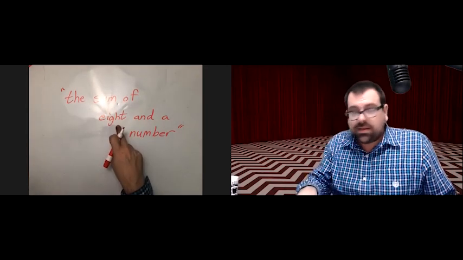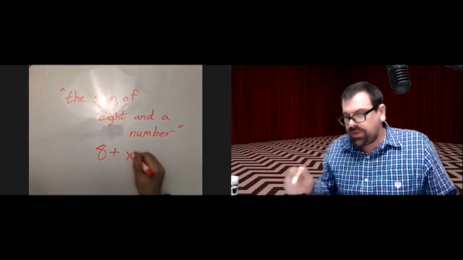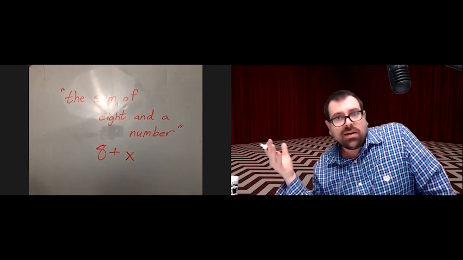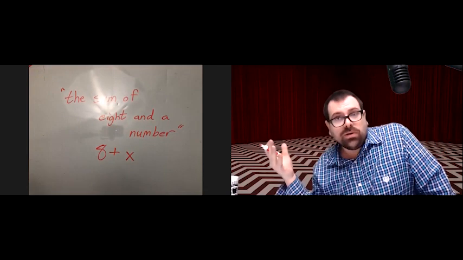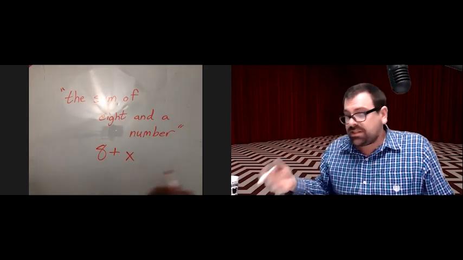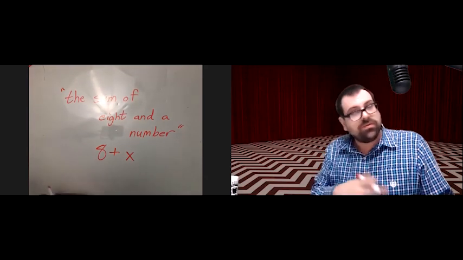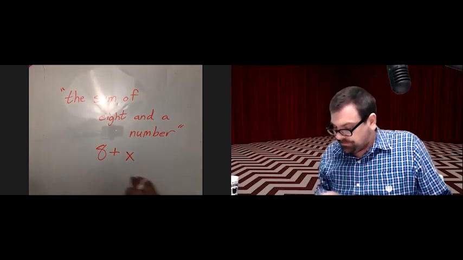So 8 and a number. And in this case, an unknown number would be represented by X or N. If it doesn't specifically tell you what letter to use, you're free to pick any letter at all.